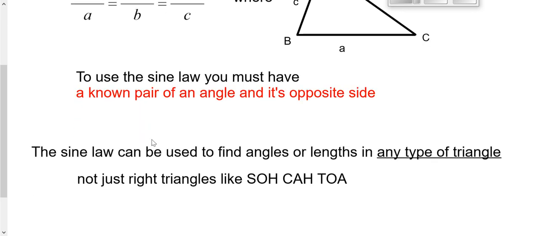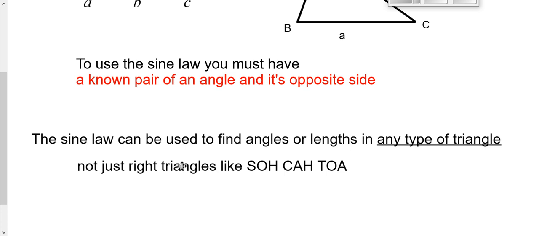What's the nice thing about the sine law? As I mentioned on the previous slide, you will find that it is one of the easiest concepts in Math 20-1. The sine law can be used to find angles or lengths in any type of triangle, not just a right angle triangle. To use SOHCAHTOA, it must be a right angle triangle like this.